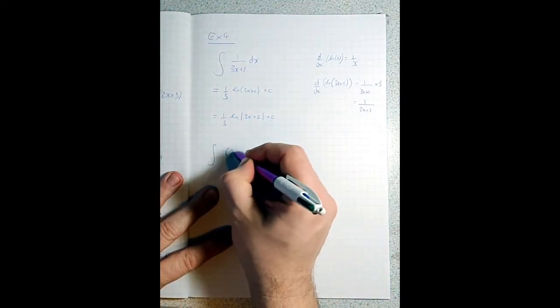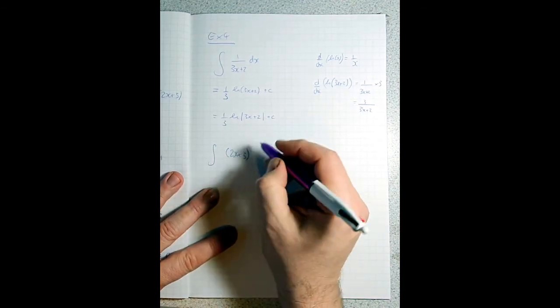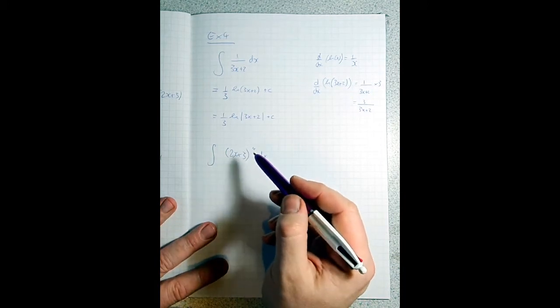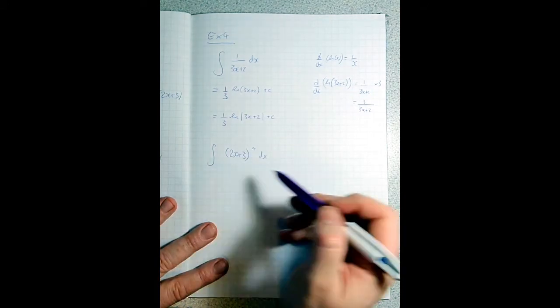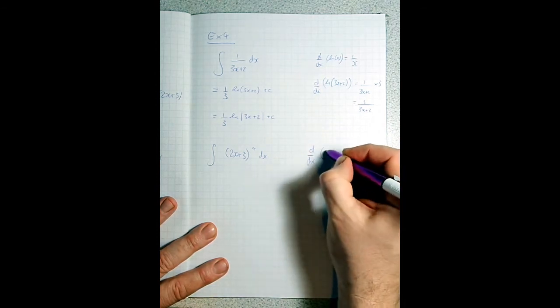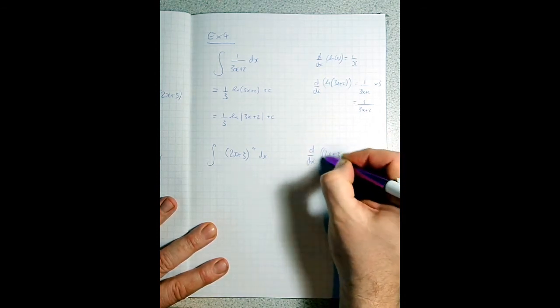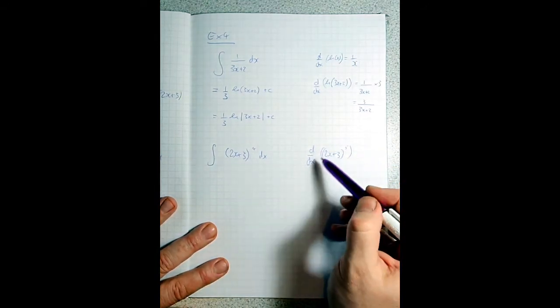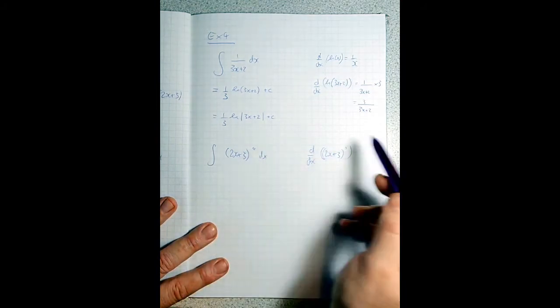Okay, let's try 2x plus 3 to the 4. Well, I know sort of what differentiated to give that. I'm going to attempt to differentiate 2x add 3 to the 5, because of course when you differentiate you reduce the power. There's going to be some constant to fix it with, but that's fine.